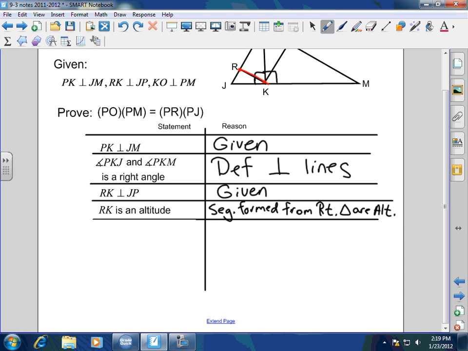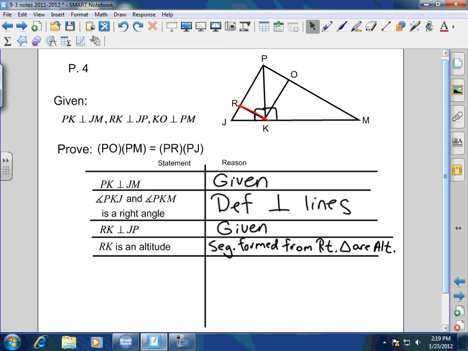Now, from there, I didn't give you any more hints. What do you think we do from here? We know that RK is the altitude and we have PJ as the hypotenuse. So my question to you here, guys, is what is the shared side?